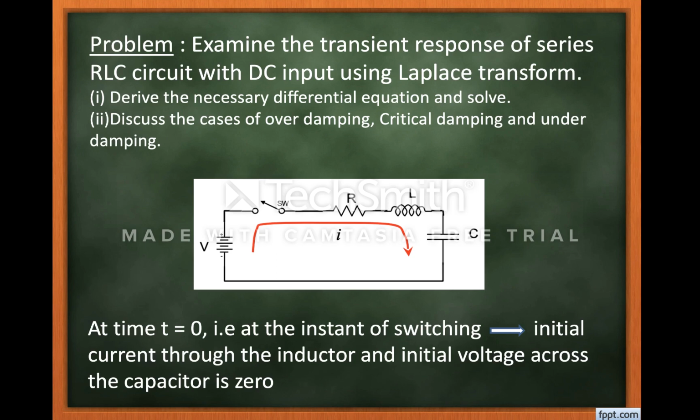Because the inductor current and capacitor voltage don't change instantaneously with any changes occurring in the circuit. So there should be a rate of change in order for an inductor or a capacitor to get its energy stored, either in a magnetic field for an inductor or in an electric field for a capacitor. Hence we say that the initial conditions are 0 for L and C.